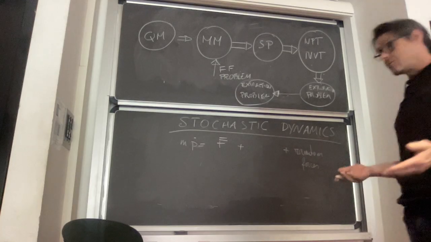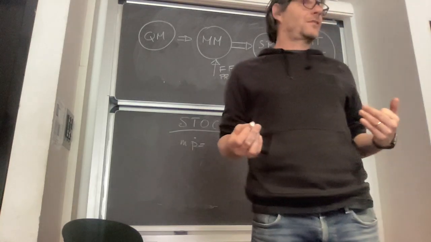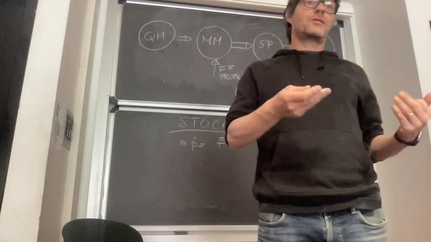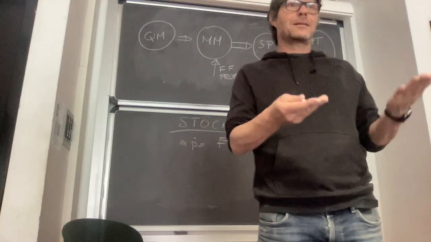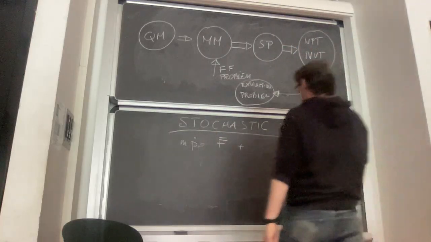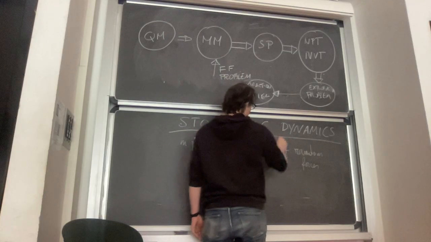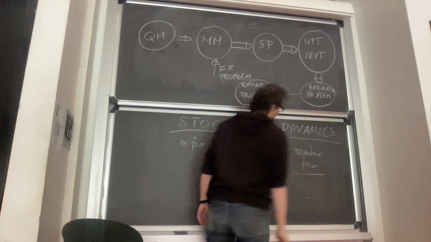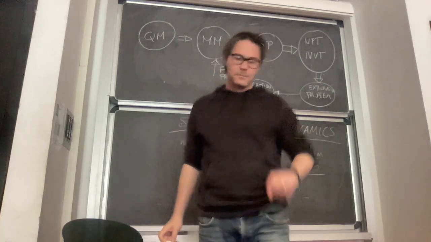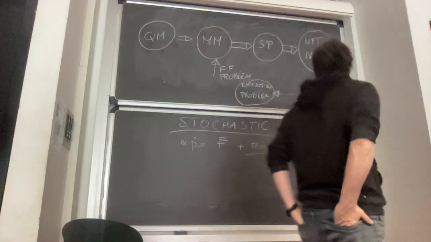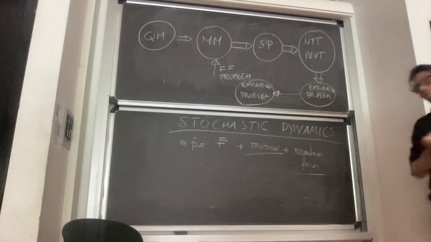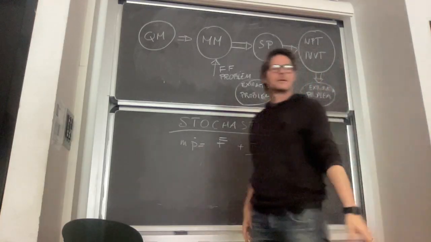So you want to remove energy from the system as you add energy to the system to ensure that you get a balance. So in addition to random forces, we would like to introduce friction. So why do we want to do that?